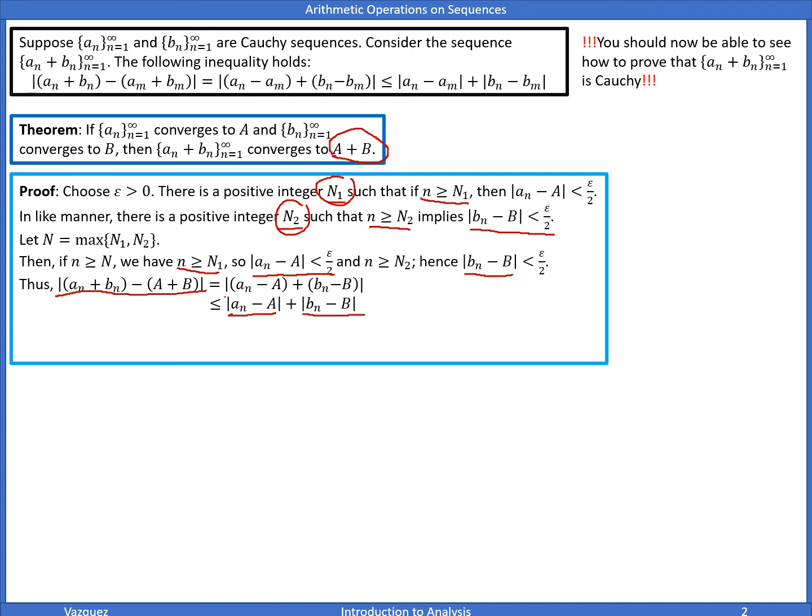And we know these two, because of our choice of N, are both less than what? Epsilon over 2, right? And if they're both less than epsilon over 2, then the sum is less than epsilon. So what does that prove? That proves that a_n + b_n converges to a + b. So it's a nice proof. This is for addition. It's going to get a bit more complicated.